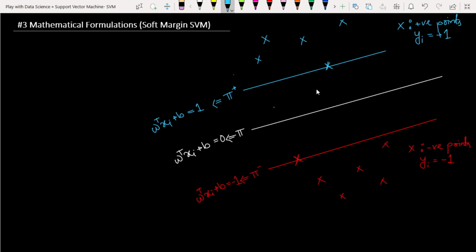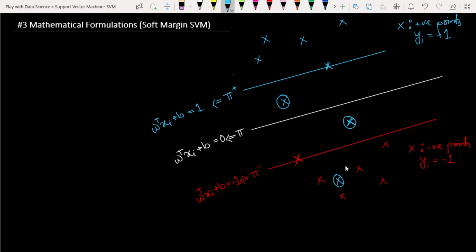I am taking one positive misclassified point here, marked with a circle. If I take a point here, it is another misclassified point. And if I take one more point here, this is also another positive misclassified point.